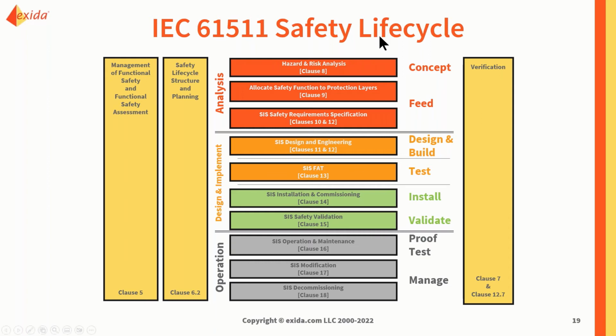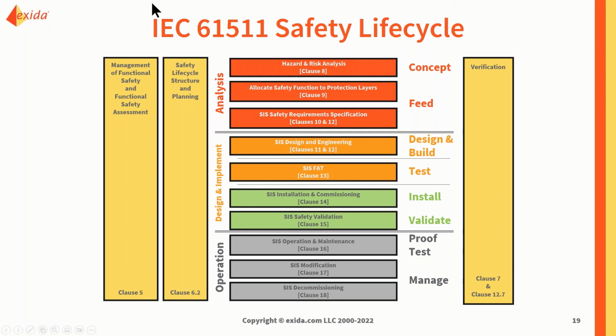It's divided into three main parts: the analysis phase, the design phase, and the operation phase. Because this is a functional safety standard, everything related to IEC 61511 has a main focus on the safety system, the SIS.